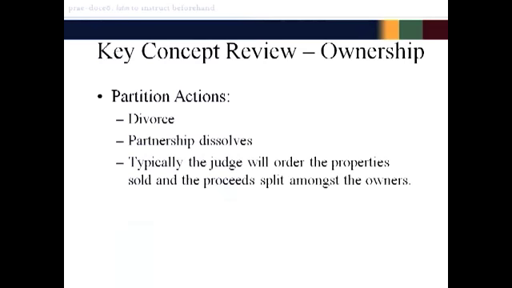If they can't decide, then the judge will decide. But a divorce is not the only one. It could be that three or four partners can't get along and disagree, and so they appeal to the court to decide what's going to happen with their property. Typically, the judges order these properties sold and the proceeds divided amongst the owners. That's called a partition action.